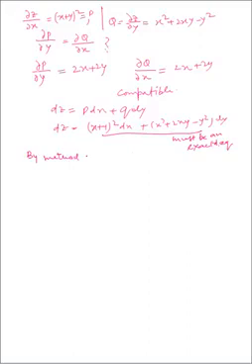By the method of solving an exact differential equation, z is equal to the integral of (x square plus 2xy plus y square) dx.